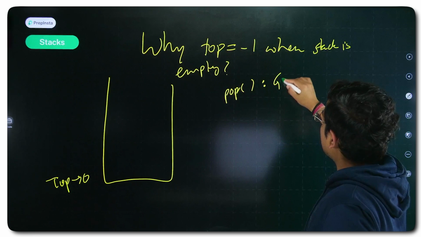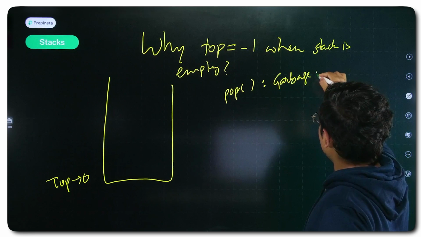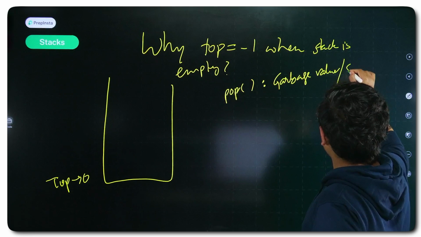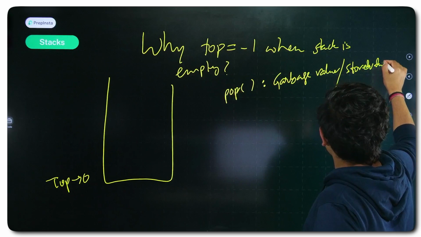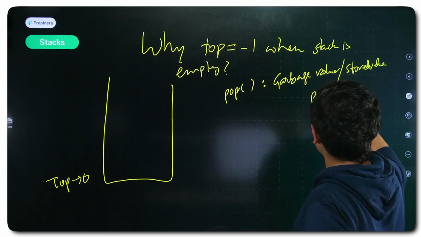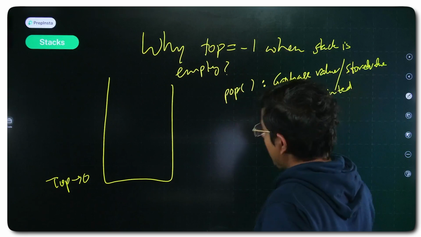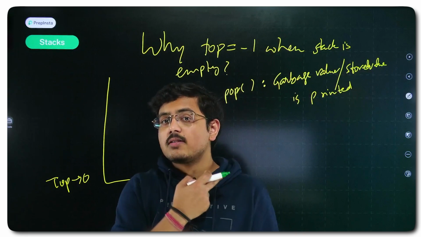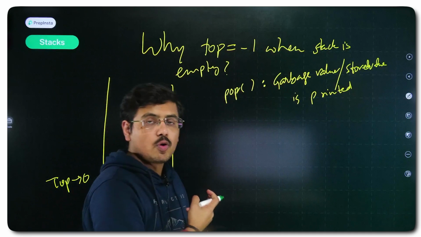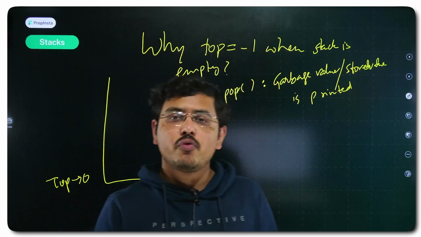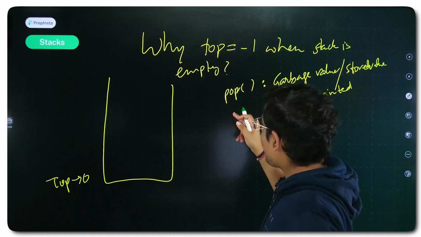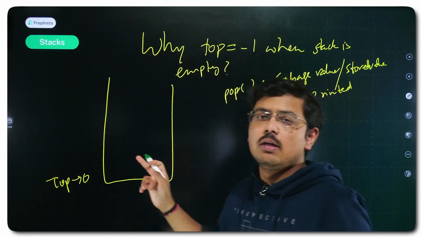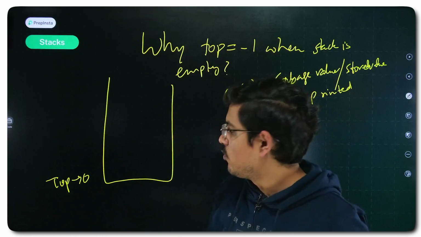Then some garbage value or a pre-stored value, whatever is stored, is printed. So this is not your desired output. What you want is, when you find underflow condition, even after that, if pop happens, it returns an error to you.